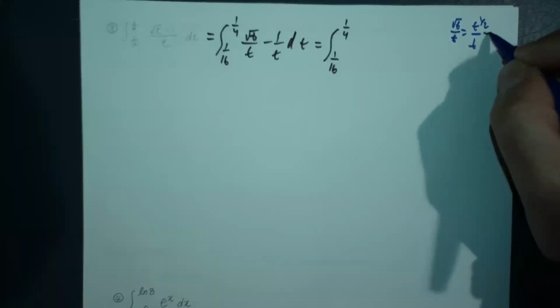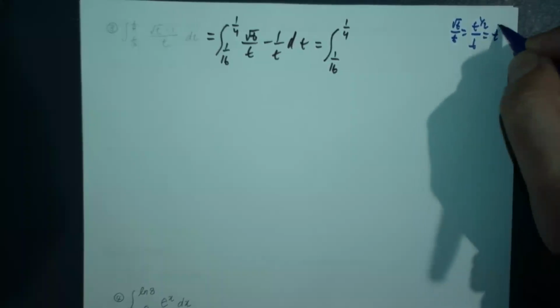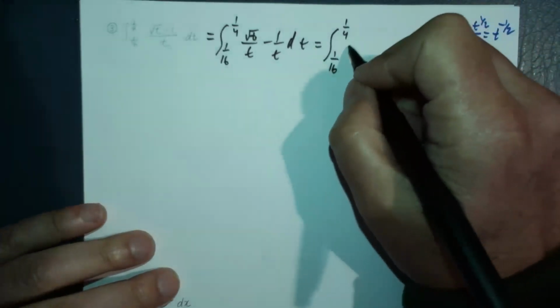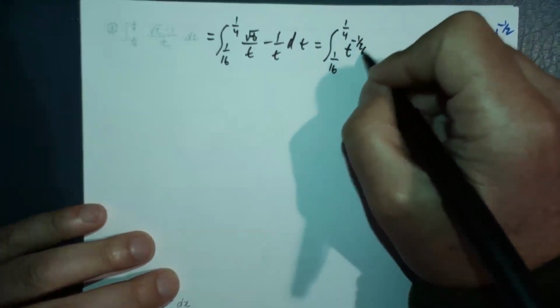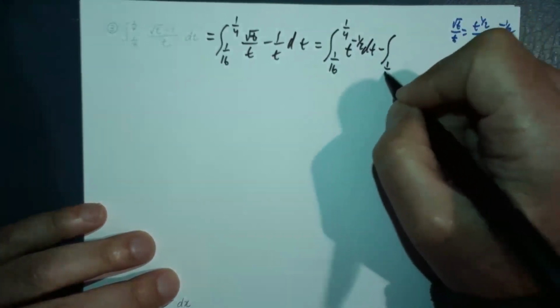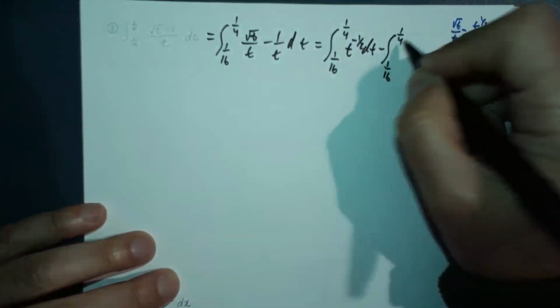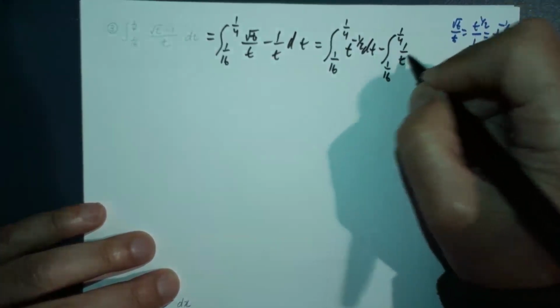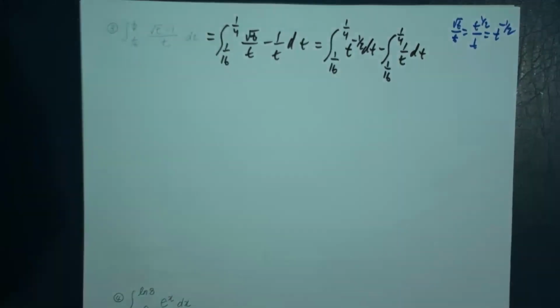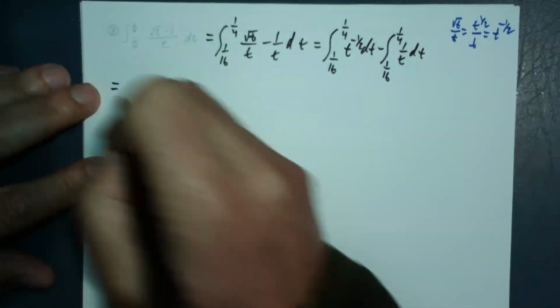And remember, you subtract the exponents, you end up with t to the negative 1/2 power. So you can see I broke them up into 2 separate integrals. You don't have to do that. I prefer to do that.